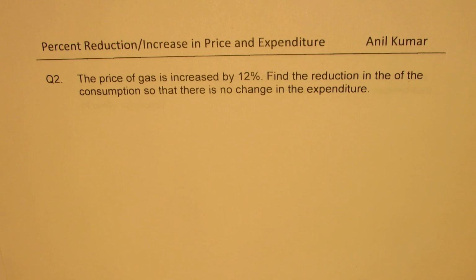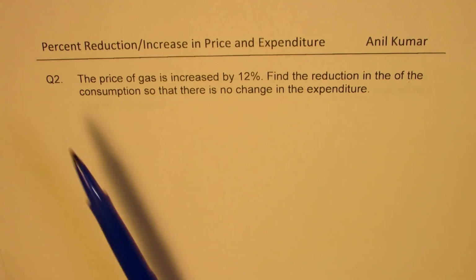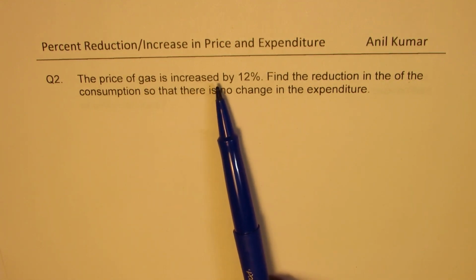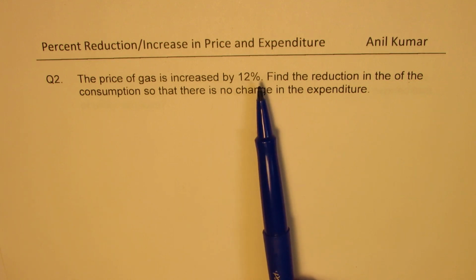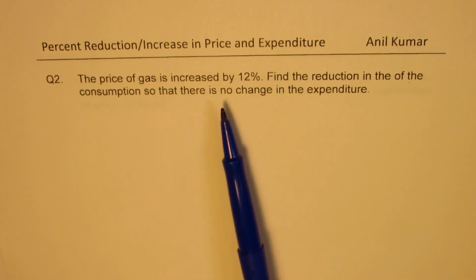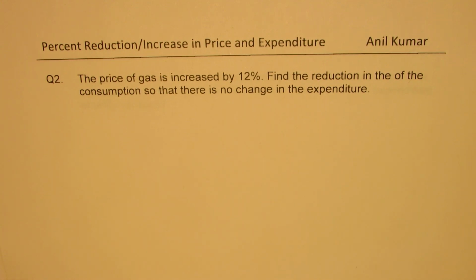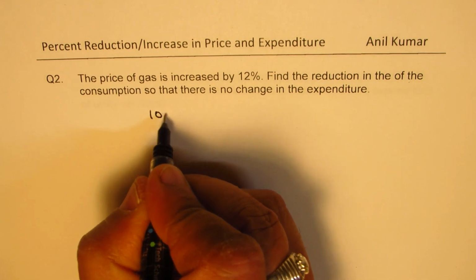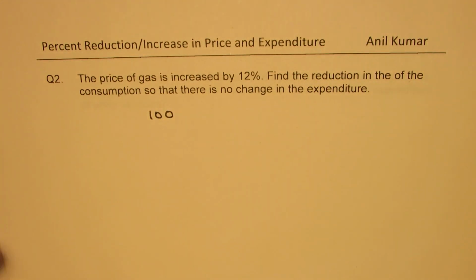Let's take the next example. Question number 2, which is, the price of gas is increased by 12%. Find the reduction in the consumption so that there is no change in the expenditure. So just as you saw earlier, it's always good to begin with 100 because 100 gives you straight percent, right? So if I begin with 100, whatever number I get is in percent.